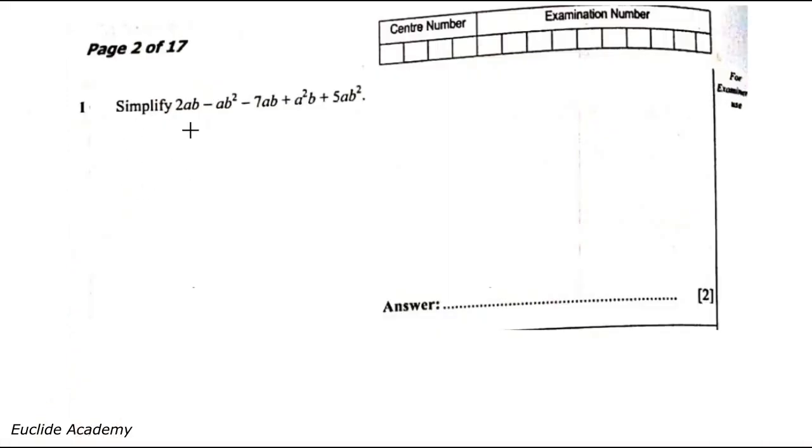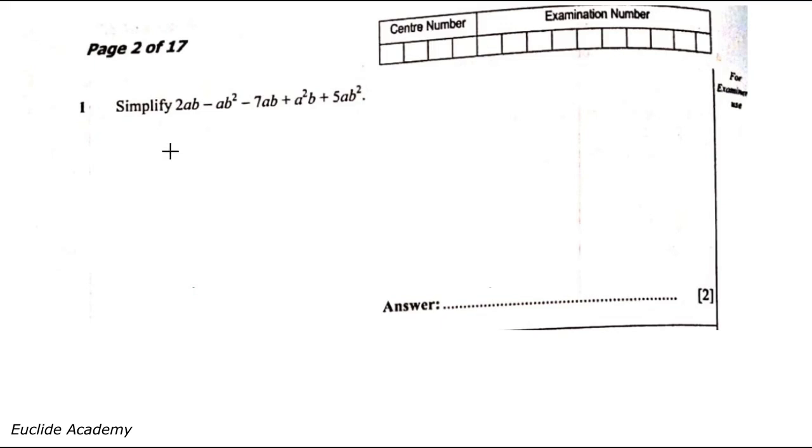We say simplify 2ab minus ab squared minus 7ab plus a squared b plus 5ab squared. So basically this is algebra and we're looking for the terms that are the same, or like. So we're going to put the like terms together before we carry out any operation.